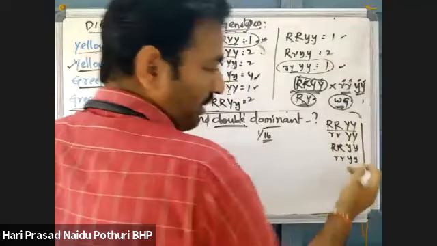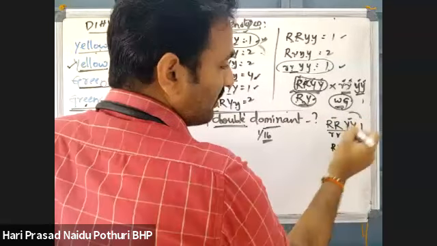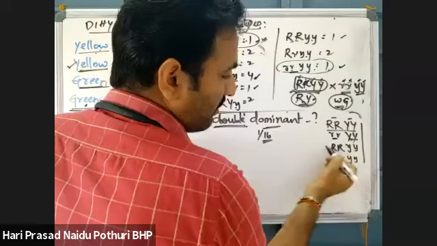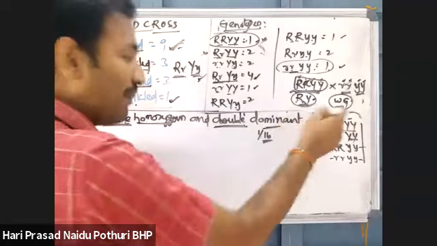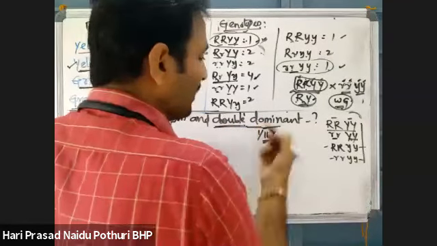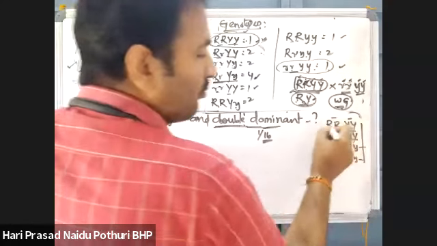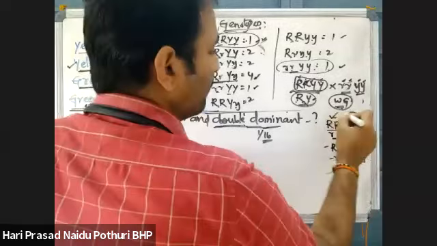Double homozygous means these 4 conditions will come. Because this is homozygous, this is homozygous, this is homozygous. Both genes are homozygous. This also both genes are homozygous. This is also both genes are homozygous. But among them, question is double dominant. Double dominant means both characters should be dominant. Then this will come.